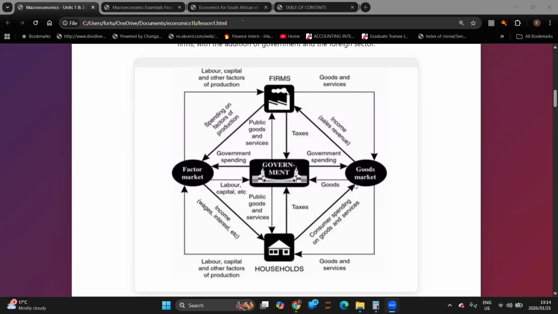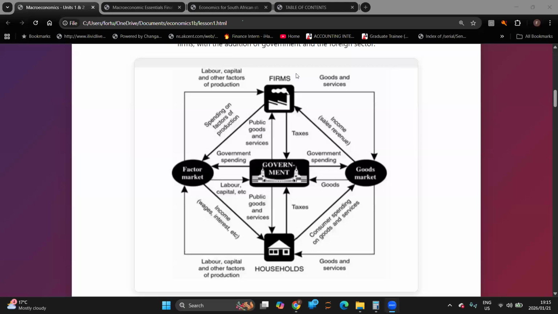And in the process, the same market forces are also in existence in order to enable elements like pricing, etc., to exist within this particular market.